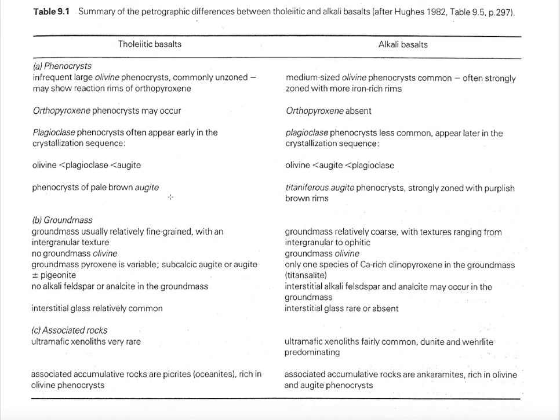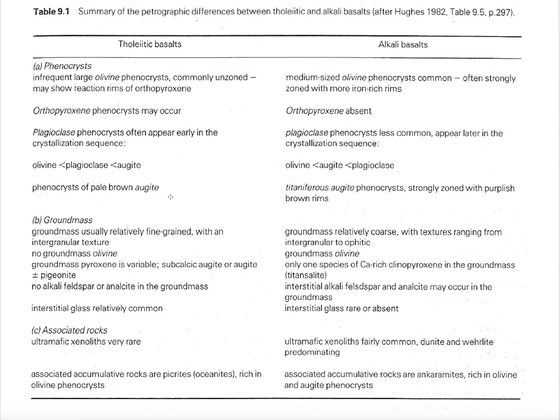So we have no groundmass olivine for the tholeiitic basalts, and in the alkali basalts, we have groundmass olivine. In the tholeiitic basalts, we know no alkali feldspar or analcite in the groundmass.